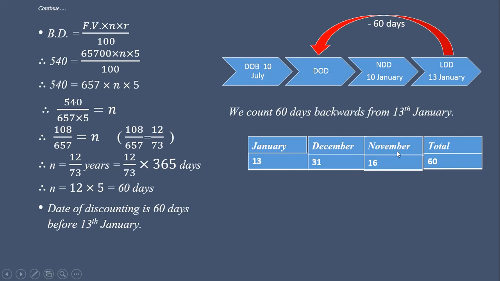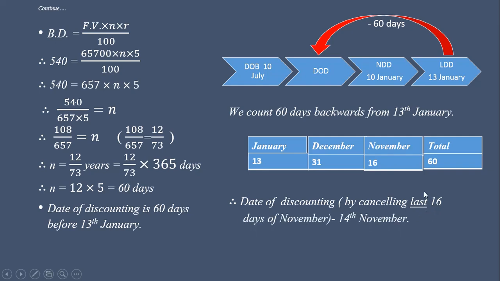So if we go back from legal due date 60 days, we get date of discounting. Now here we are counting backwards, so we have to cancel last 16 days of November. That is, we cancel 30th November, 29th, 28th, up to 16 days, and after cancelling last 16 days of November, we get the date which is 14th November.